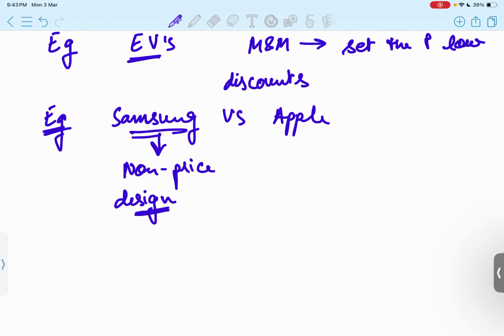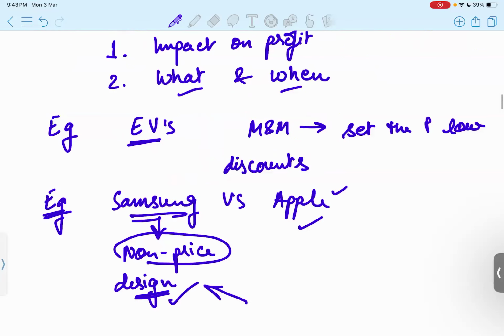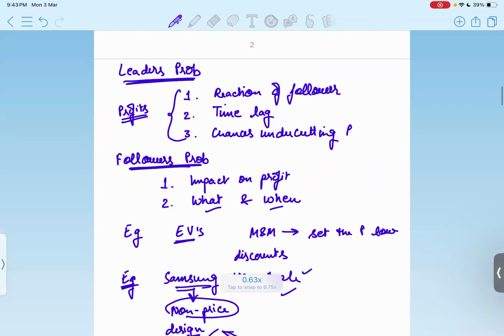You can say that Apple being the leader and Samsung the follower, Samsung decided to go ahead with non-price competition, making a few changes in its design so that the phones appear almost similar to those manufactured by Apple. This also attracted buyers towards Samsung. So this is all about this model of Stackelberg.